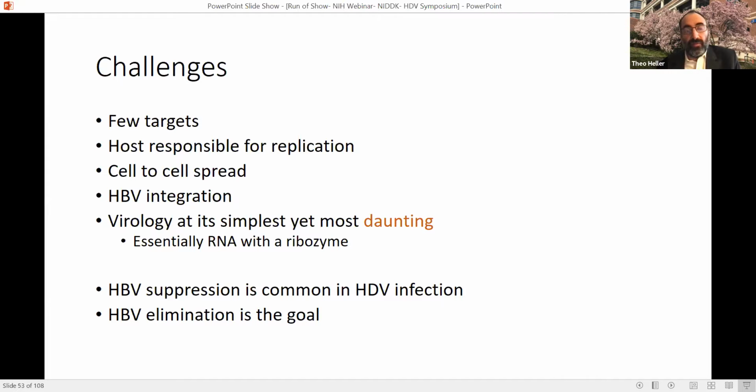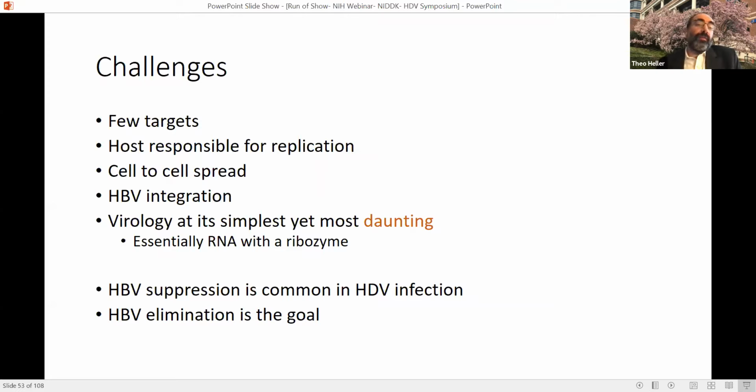Hepatitis B is integrated. So suppressing hepatitis B doesn't necessarily help further because all Delta needs is the surface antigen. This is really virology at its simplest, but most daunting. Essentially, this is RNA with a ribosome.